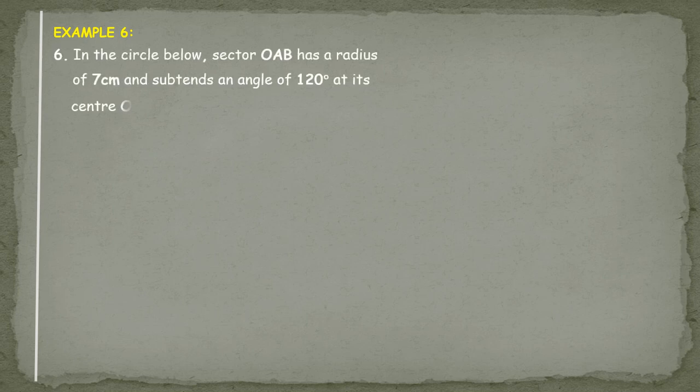Can we now handle example 6? In the circle below, sector OAB has a radius of 7 centimeters and subtends an angle of 120 degrees at its center.